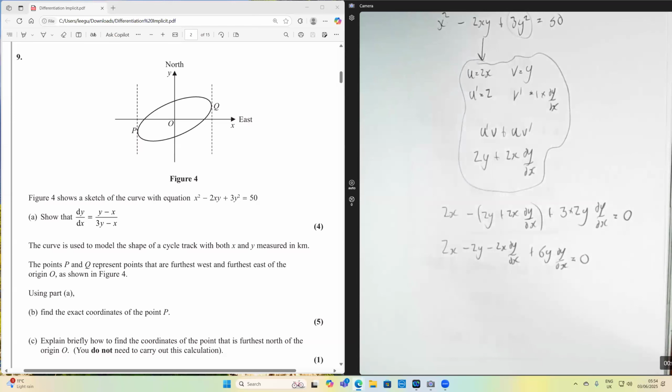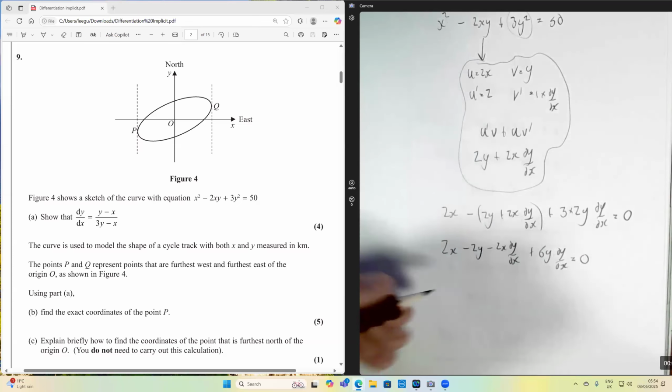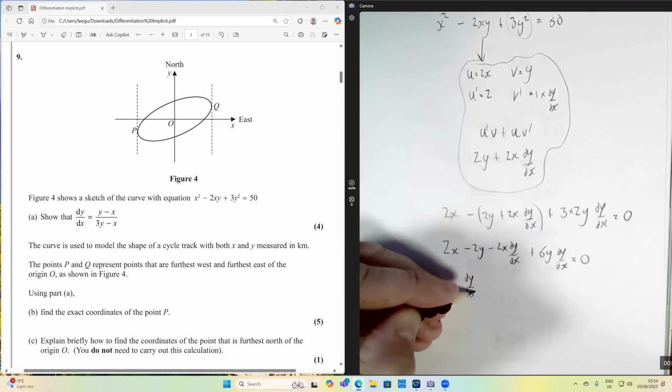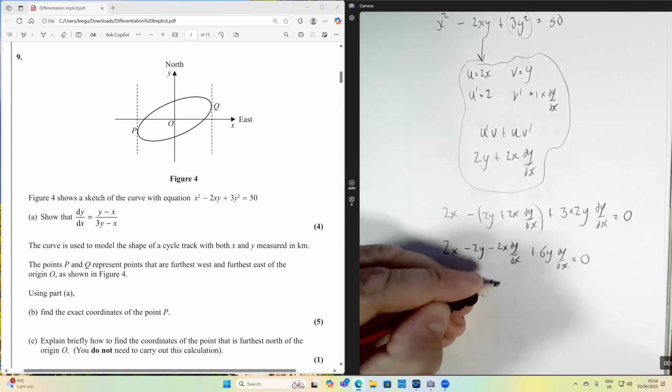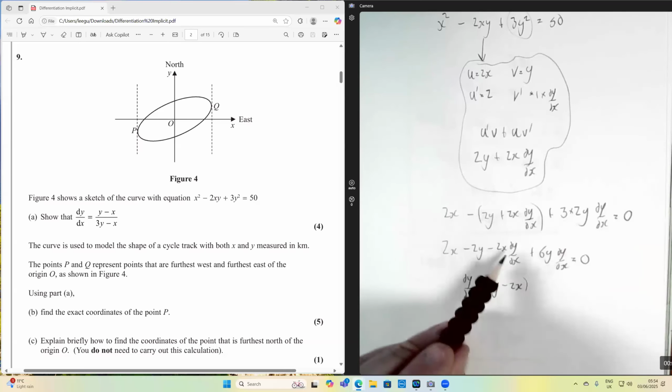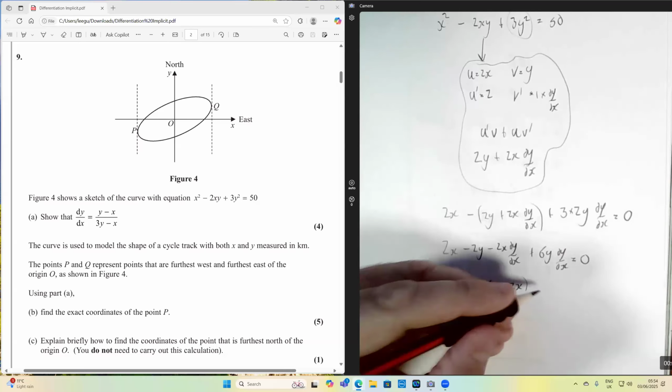So now that I've done my differentiation, I'm just going to gather together all the dy by dx bits, and then everything else is going to go over the other side. So this is going to be dy by dx times (6y minus 2x). I've just taken those two bits together and taken out the dy by dx.